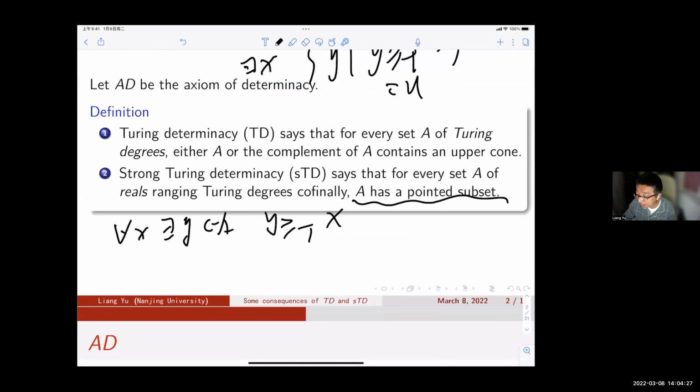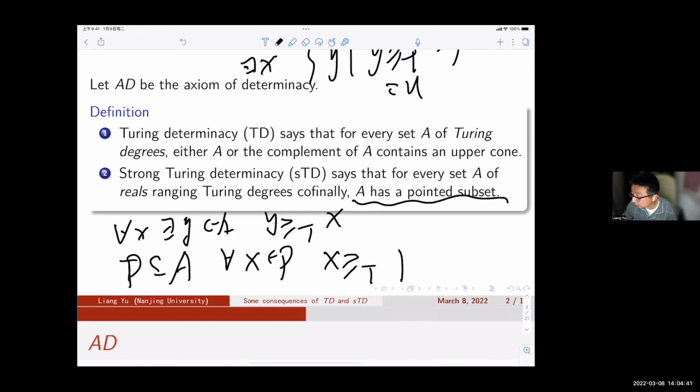A pointed subset is a perfect set P, a subset of A, such that every X in P Turing computes a representation of this perfect subset. So it's called a pointed subset.